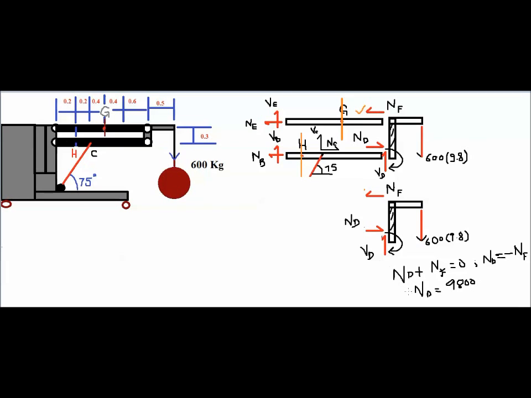Okay, the same we can do for VD. Now this thing is acting downwards, and downward force I took as a positive in notation. So let me write down the notation. Downwards is positive, and then clockwise, let me write that again.